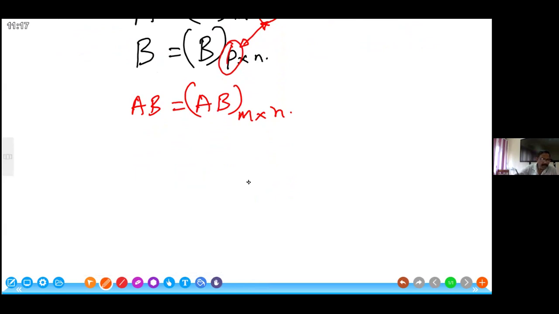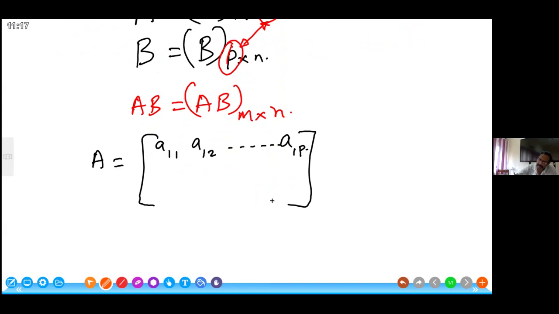So suppose let's say matrix A, we can elaborate with A11, A12, goes up to A1P, number of columns, A21 goes down to AM1, number of rows, up to AMP.